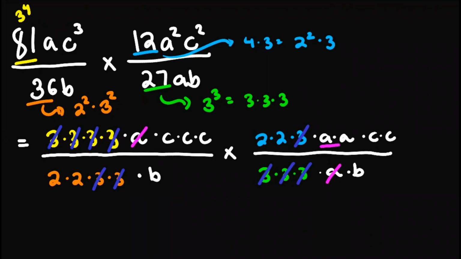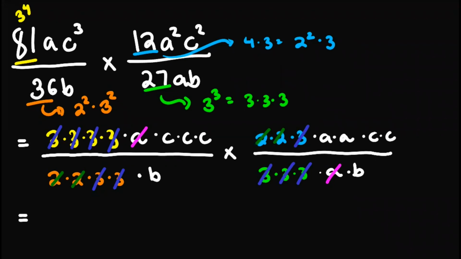And for these a's, that's all the a in the denominator, so we can't cancel any more. Then we have c. For c, there are no c's in the denominator, so we leave that one out. For 2, we have 2 here, 2 here, 2 here, and 2 here. And for b, there are no b's in the numerator, so we leave the b in the denominator.